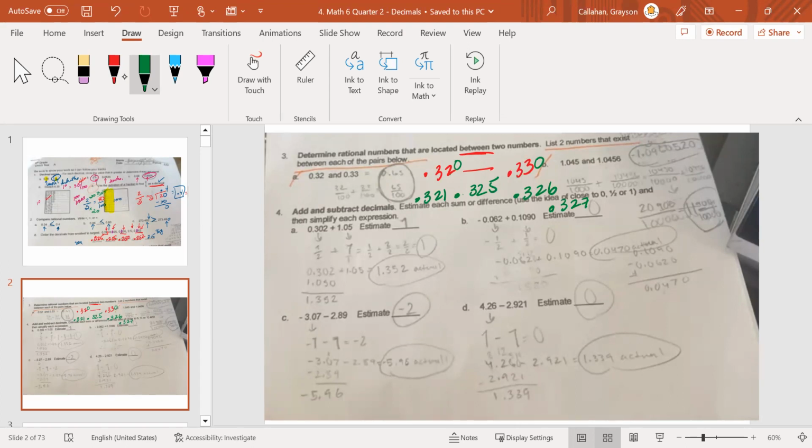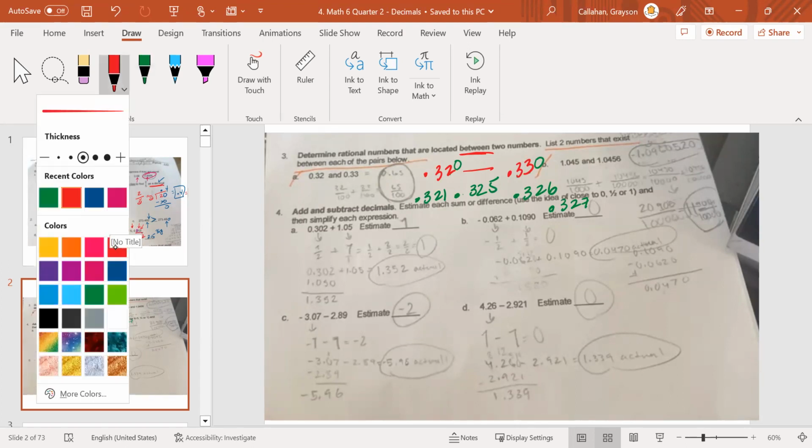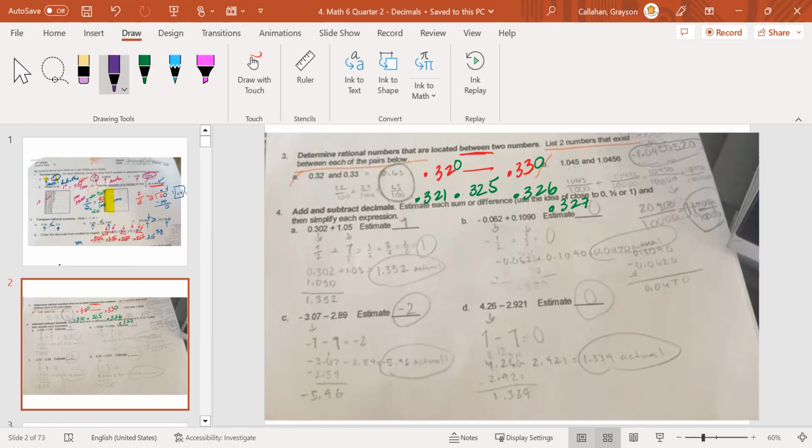So for this one over here, for 3B, 1.045. So the key here is 1.045. There's a bunch of numbers in between them. 1.0456. Now the 456, do you see how this part right here is in the ten thousands?